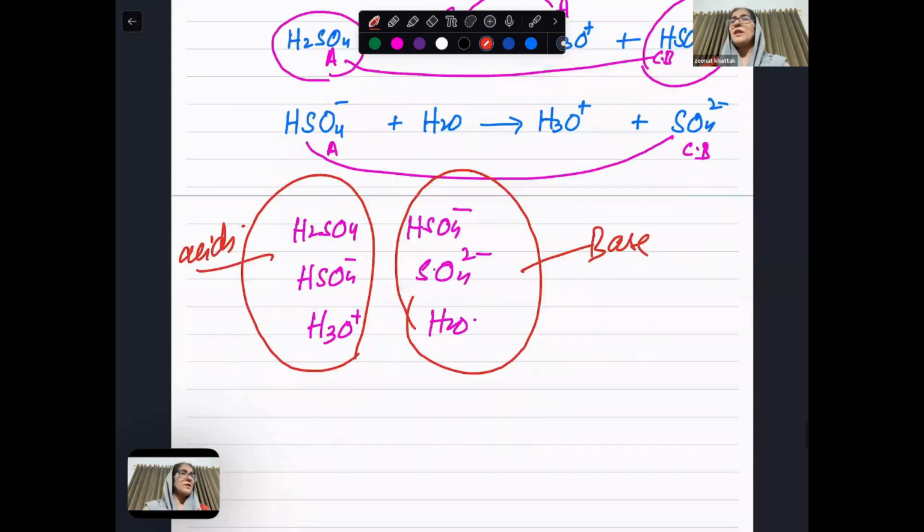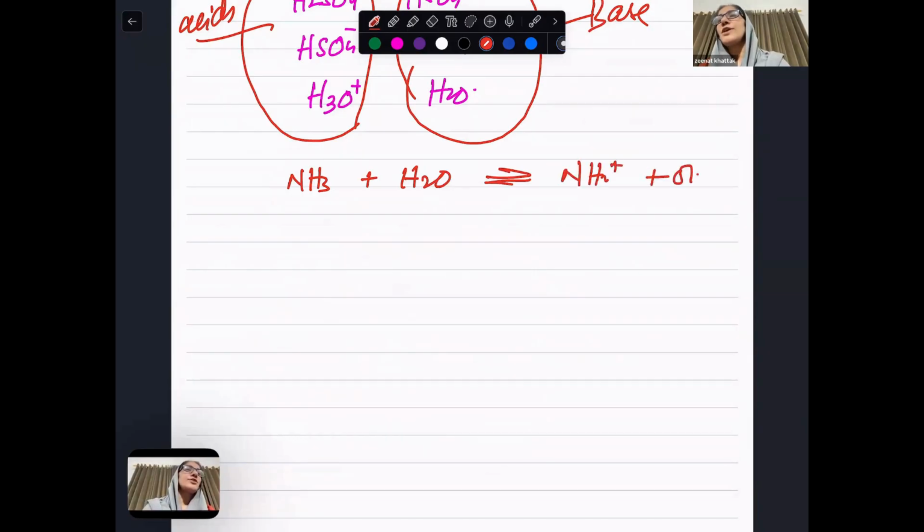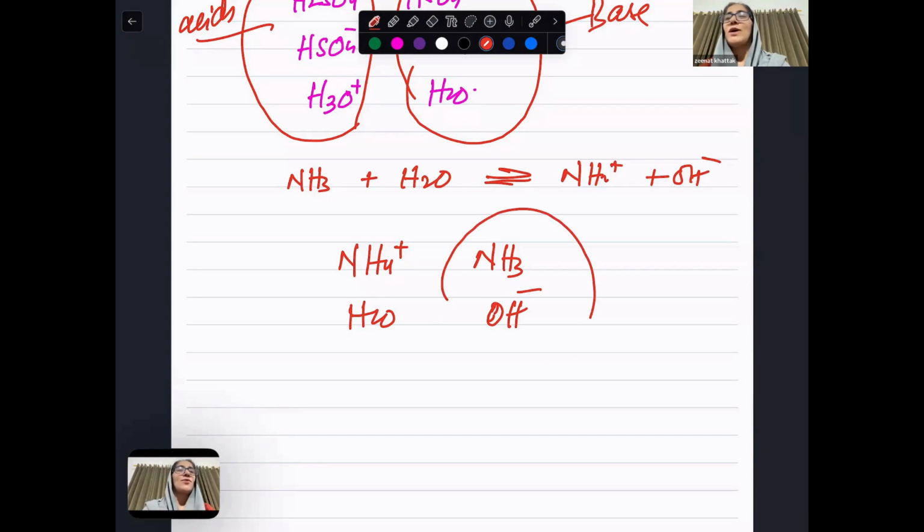So the same is the case if you put ammonia in water. How many acid-base pairs? 2. How? Ammonium and OH negative. Ammonium is acid, ammonia is base, 1 H less. Water is acid, OH negative is base, 1 H less than the acid.